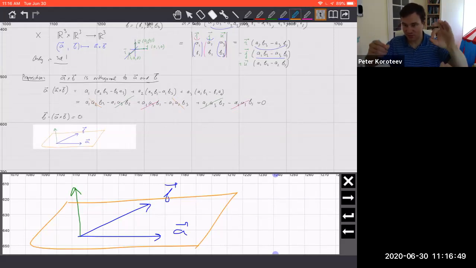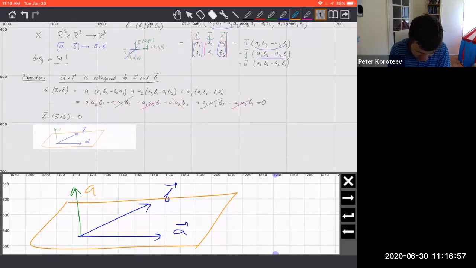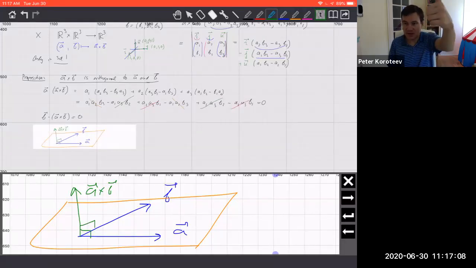Because if you put the tails together, and then the A cross B vector is orthogonal to both, therefore it has to be orthogonal to the plane where these two vectors are, because it has to happen for every pair of vectors.